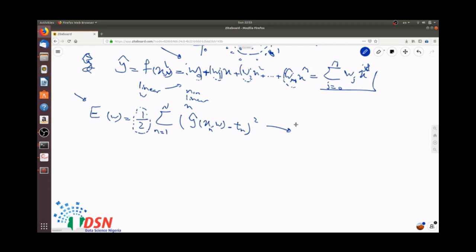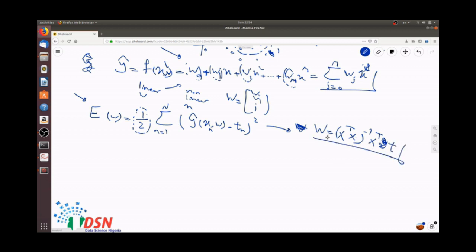Simply, you could derive that the W's, if you put all the W's in a vector, meaning W0, W1 all in a vector, and call it capital W, the W is equal to this thing. It is actually a very famous thing, if you know that. It is called normal equations.